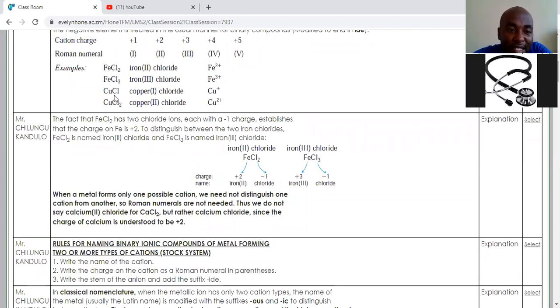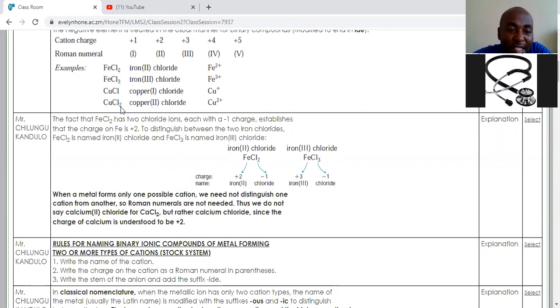Then this one is -1, it means this one is +1. So this is copper 1 chloride. The copper is Cu+. Then this one is CuCl2. You know this is -1 times 2, -2. Then it means this one is +2. Why is this one +2?